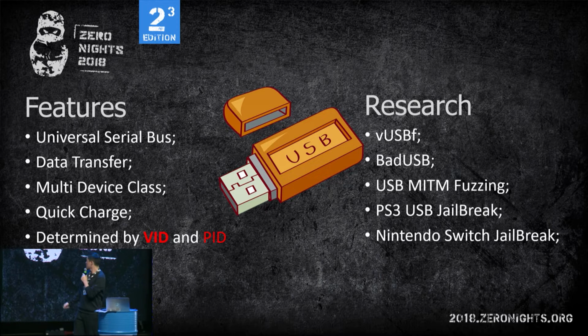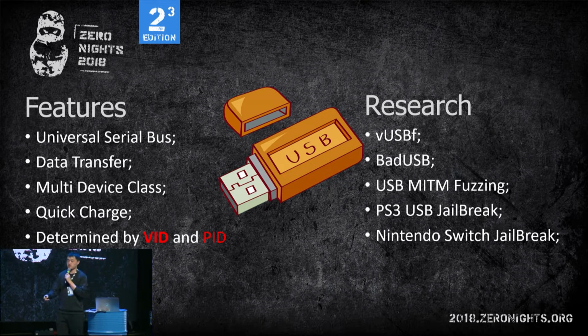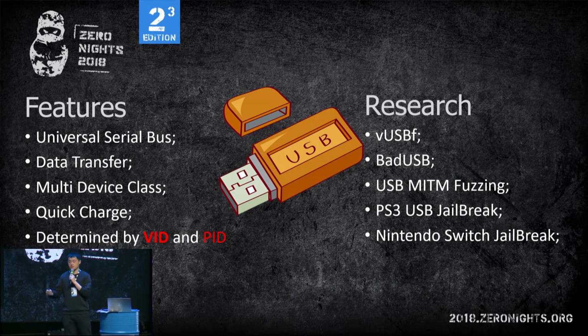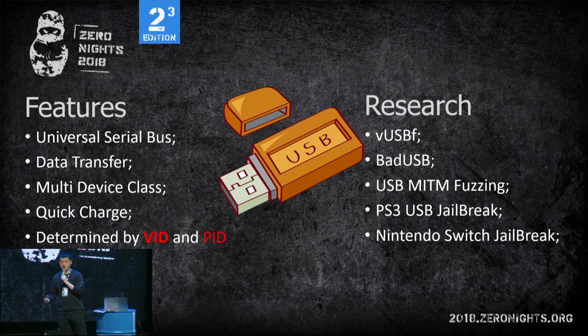On the right column, you can see a summary of previous research on USB. The first project I have to mention is the Virtual USB Fuzzing framework, which was announced, I think, in 2015 at Black Hat USA.